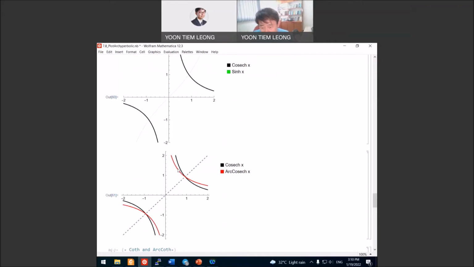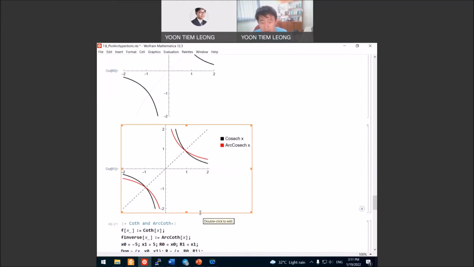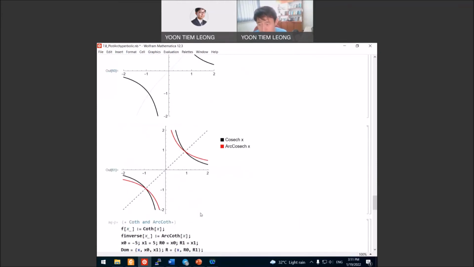The black line is the original hyperbolic cosecant, and when you reflect it about the y equals x axis, you get this red curve, which is the inverse of the hyperbolic cosecant.